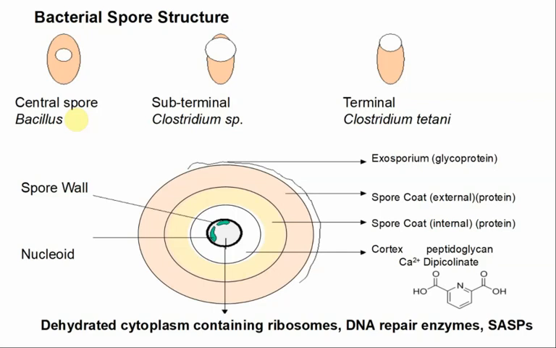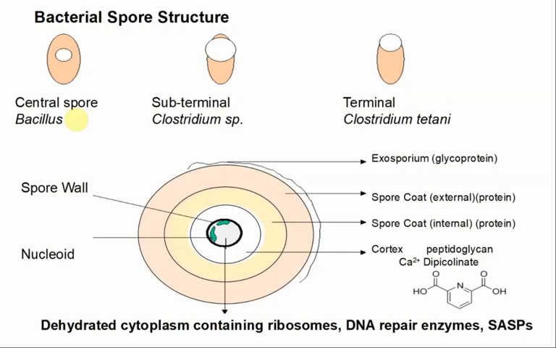Then there has to be something that also stimulates germination. That can often be the presence of glucose or amino acids, which can diffuse past the protein coat because it's been weakened by the activation step, and diffuse into the cortex.